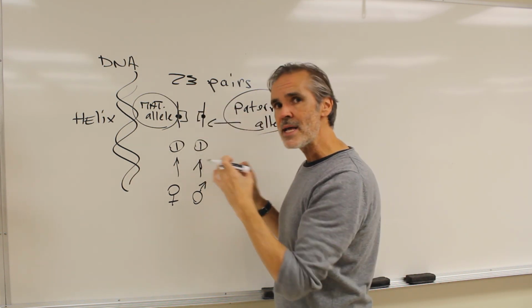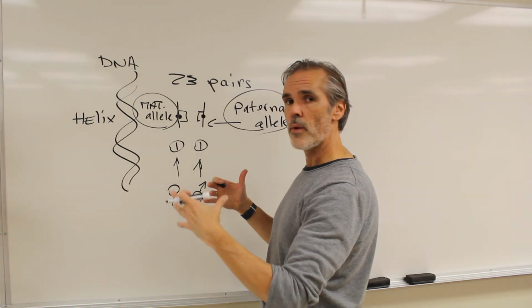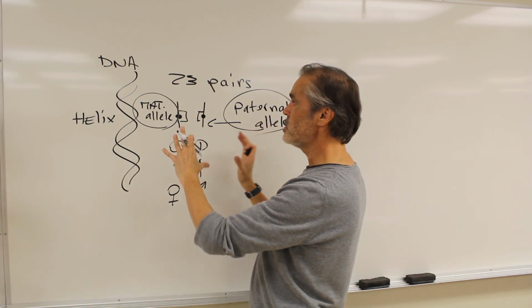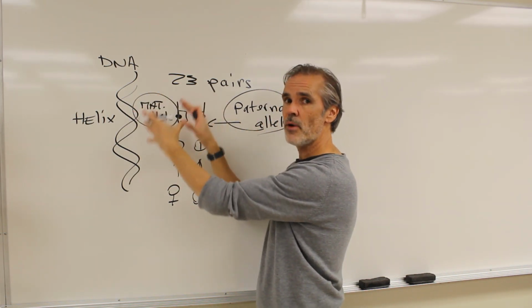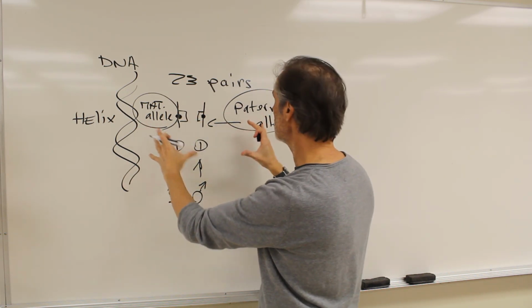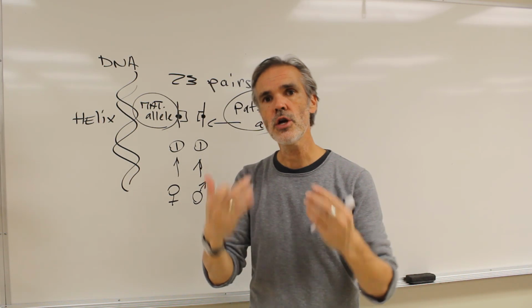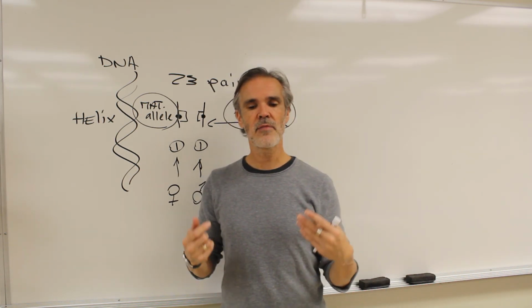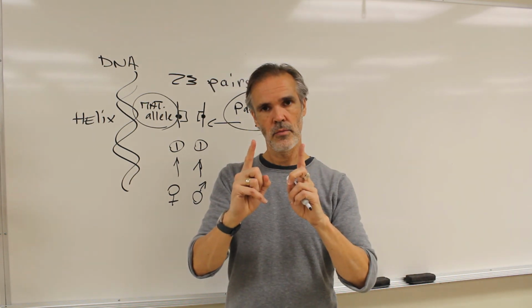Okay? So basically, what you have written in that allele, the DNA part of that, combined with the paternal allele, gives you a genotype. So your genotype is basically influenced by the 2 alleles.